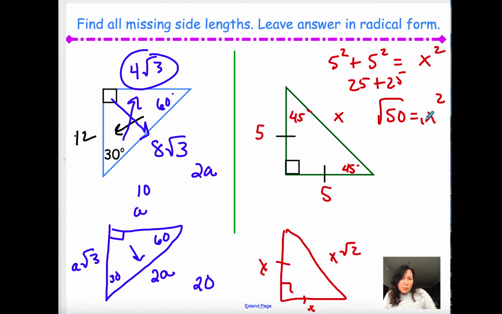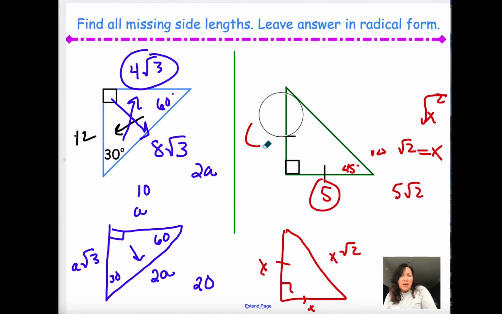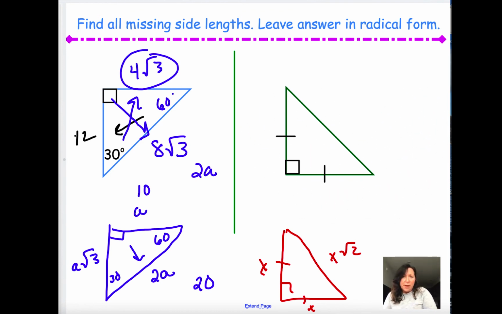We would take the square root of both sides, and we would get x equals the square root of 50. Now the square root of 50 breaks down to root 25 times root 2. Square root of 25 is 5, so now that's 5 root 2. 5, 5, and then 5 root 2. So you can always find a right triangle this way. It's always going to be like that because isosceles right triangles are unique that way.